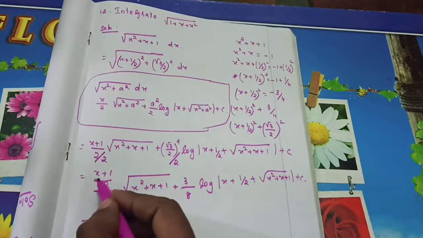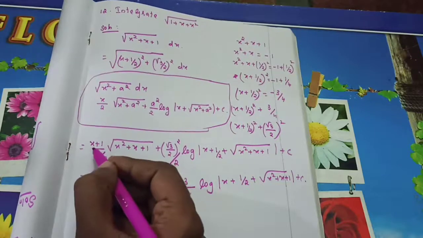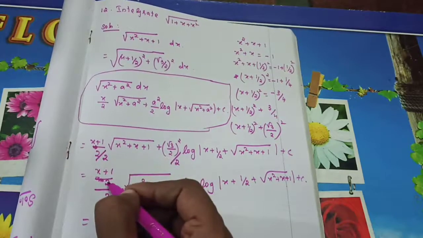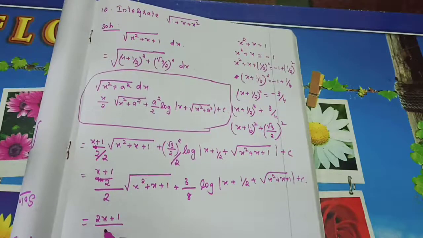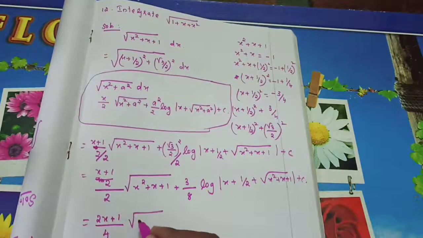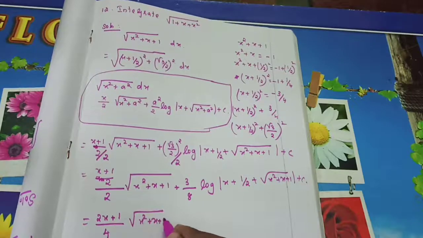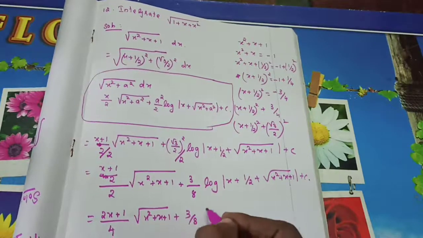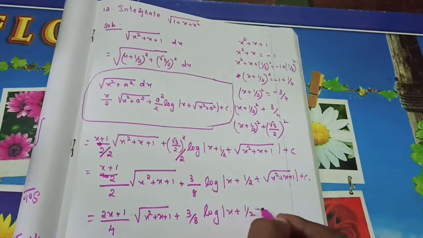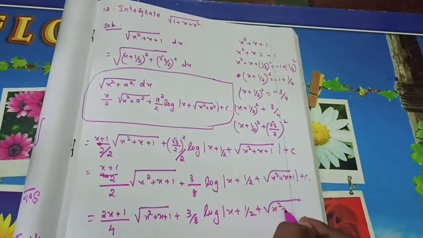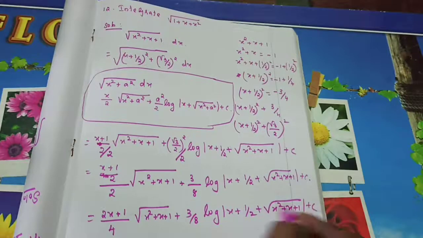Now taking the LCM, 2x plus 1 divided by 2 into 2, it will change as 4. So 2x plus 1 by 4 square root of x square plus x plus 1 plus 3 by 8 log of modulus of x plus 1 by 2 plus square root of x square plus x plus 1, modulus, plus c.